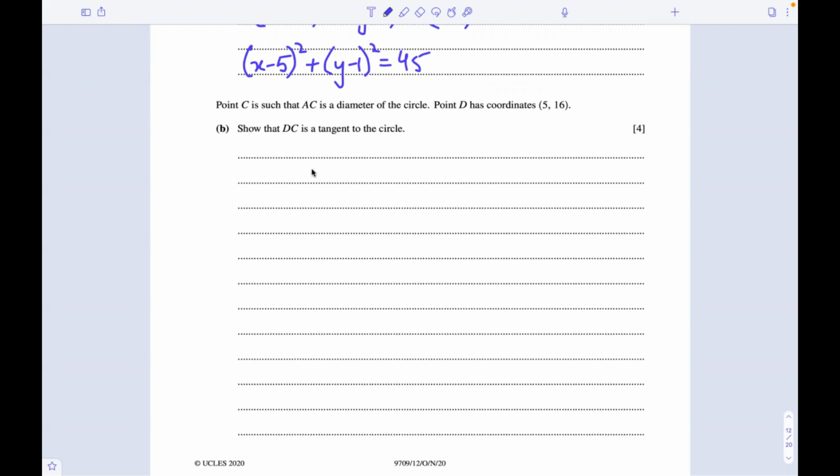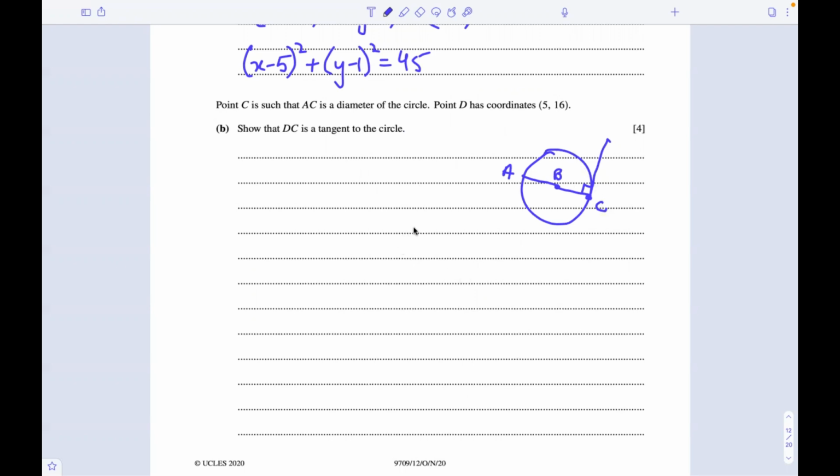Okay, so to show that anything is a tangent, what we first have to understand is that if we have a circle and we make a radius or a diameter, the tangent always makes a right angle with the radius or the diameter. We also know that this point is B, which is the midpoint. So let's say if this was A and this is C, B would be the midpoint.